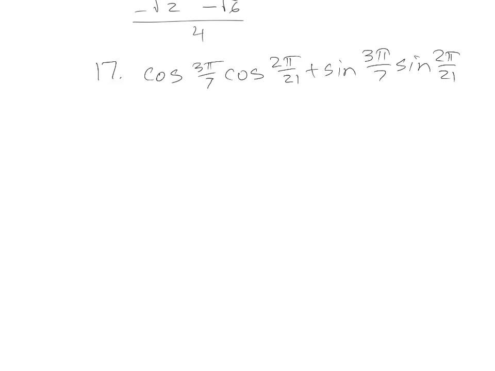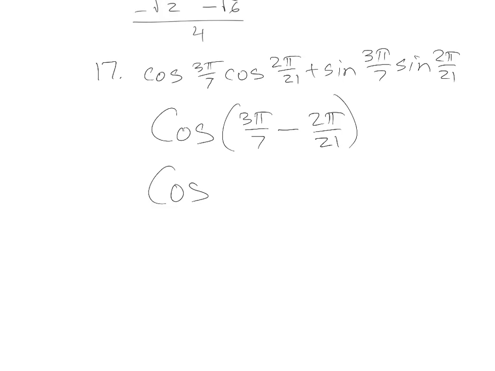Okay, well, first of all, let's put them together. So you need to recognize this is the cosine formula of 3 pi over 7. And this is plus, which in the cosine formula, it started out as a minus. Okay? And what is it, 2 pi over 21? So if you look at that, you really have the cosine of, you got to get a common denominator.